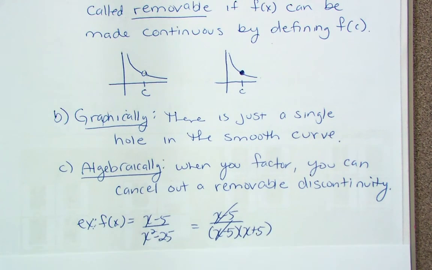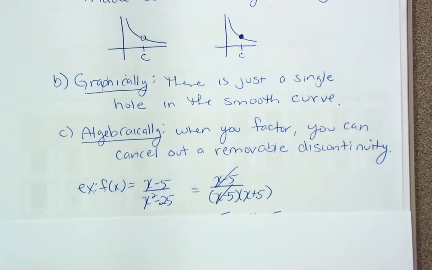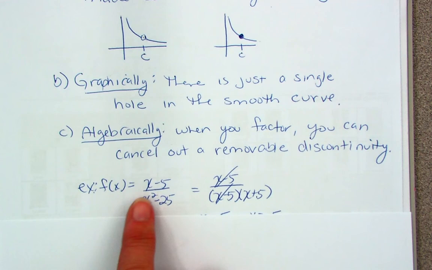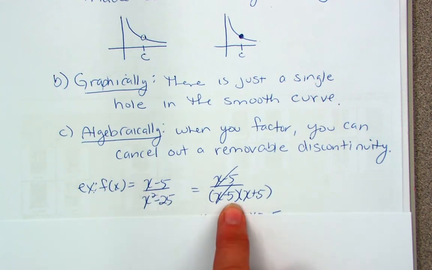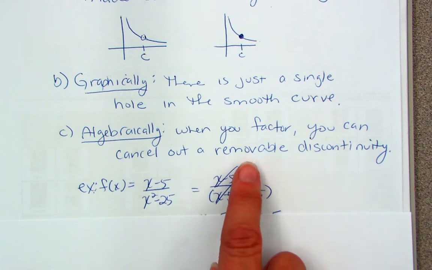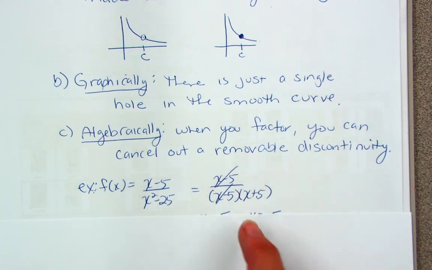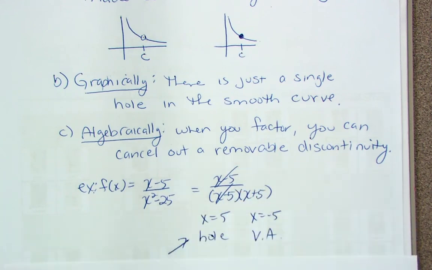Let's review an example from pre-calculus. We have this function, x minus 5 over x squared minus 25. I'm going to go ahead and factor it, difference of squares. I'm able to cancel out the factor x minus 5. What that means is that x equals 5, which makes that factor go to 0, is a hole. The factor that you can cancel is a hole.